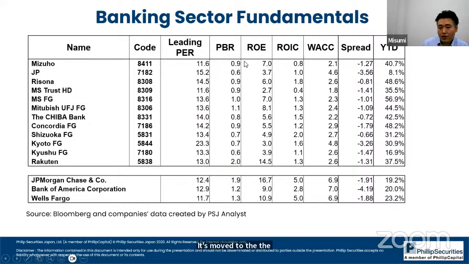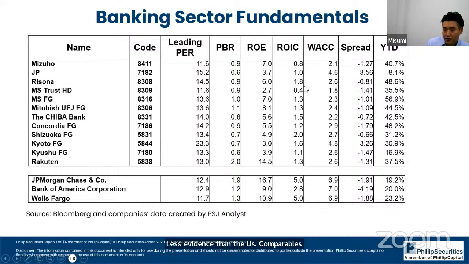Let's move to their efficiency and fundamentals. Their ROE, their PBR, most of them are less than 1. It's similar to the US equivalents JP Morgan Chase, Bank of America, and Wells Fargo, but their PBRs are higher than 1.0. So the Japanese banks are less efficient than the US comparables.